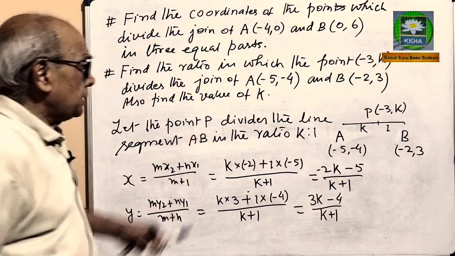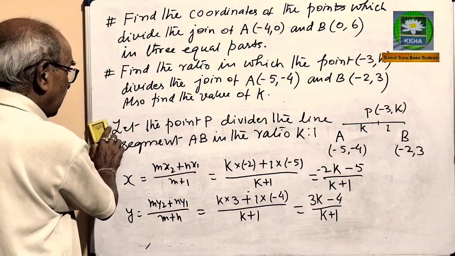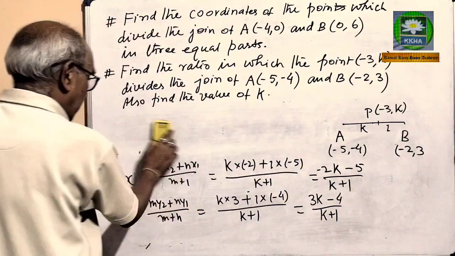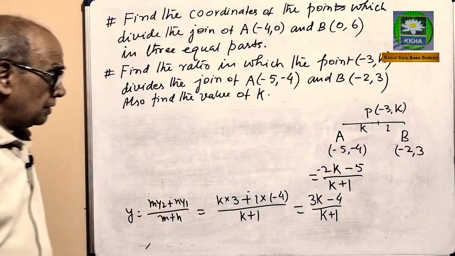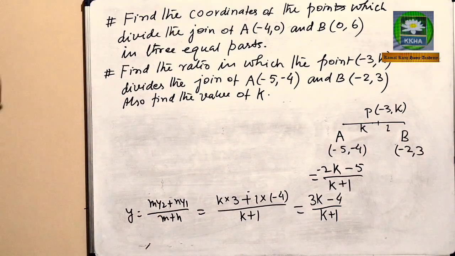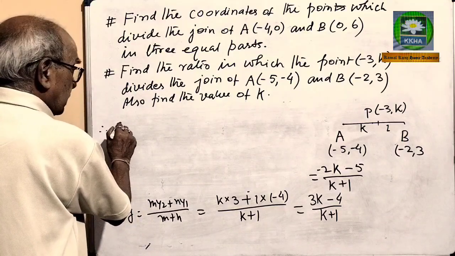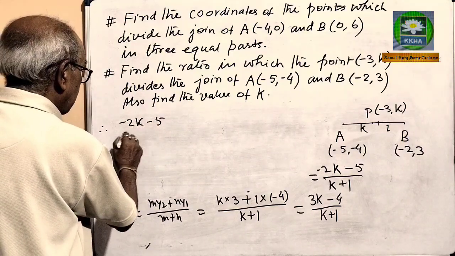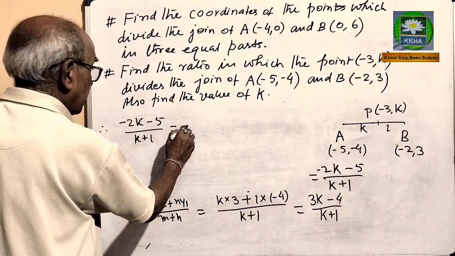Now here x is given as minus 3, therefore minus 2k minus 5 upon k plus 1 equal to minus 3.